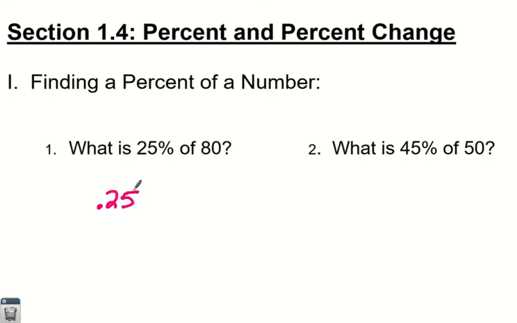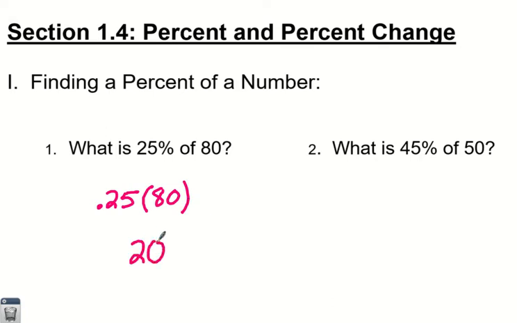And once we change the percent to a decimal, we're going to multiply it by the 80. And that's going to get us immediately to the answer of what is 25% of 80. And so on my calculator, just to make sure, I do that and I get a final answer of 20.